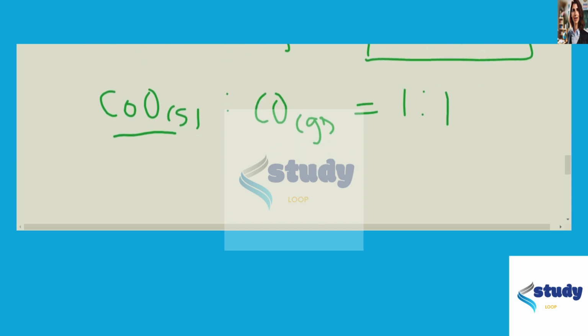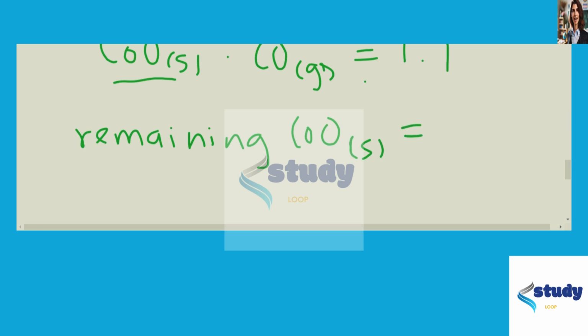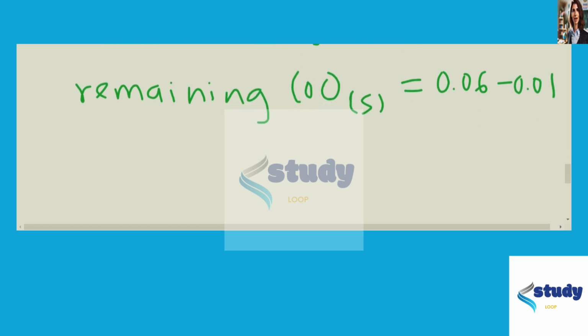And so the remaining moles of cobalt oxide solid is going to be equal to 0.06 minus 0.01, and that is equal to 0.05 moles.